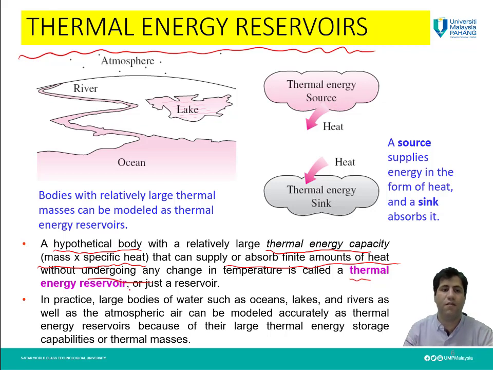A few examples of them are rivers, lakes, and oceans, where if we add some substances with a different temperature, they cannot change the temperature of the river or lake or ocean significantly. In other words, we can ignore the change in the temperature of these bodies due to the absorption or releasing of substance or even energy. We call them thermal energy reservoirs.